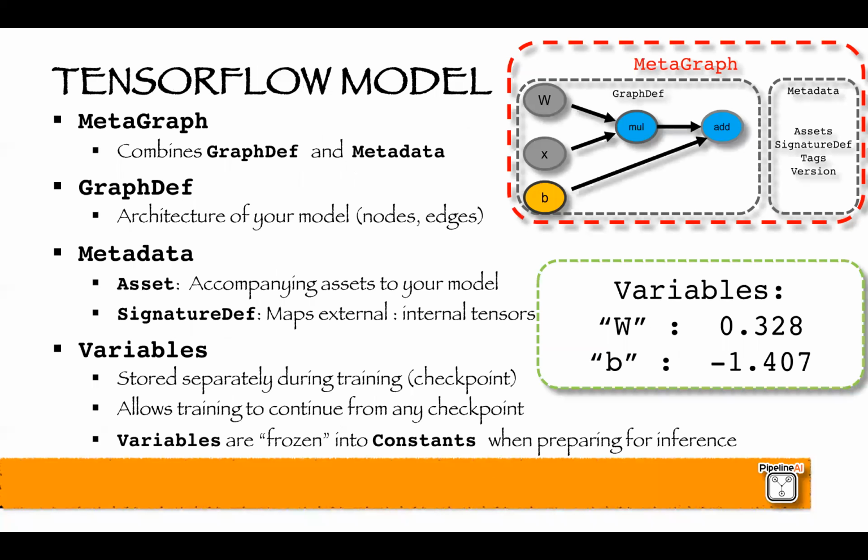So again, the graph is separate from the variables. The graph, which is our y equals wx plus b, has another entity that travels with it, and combined they're called the metagraph.